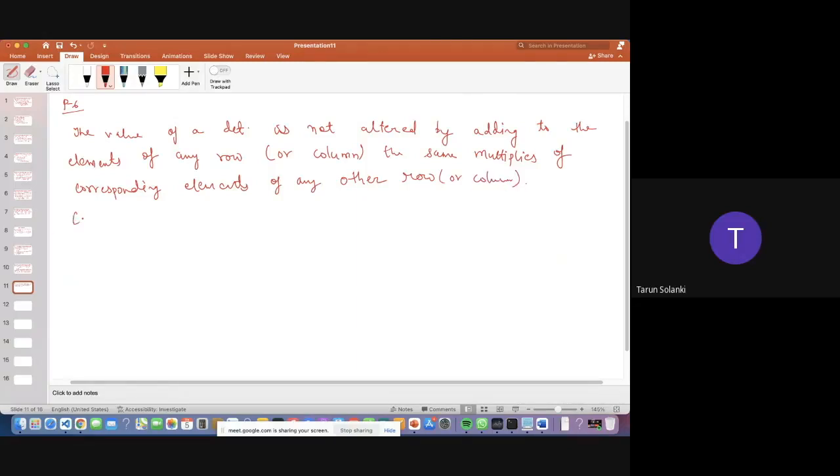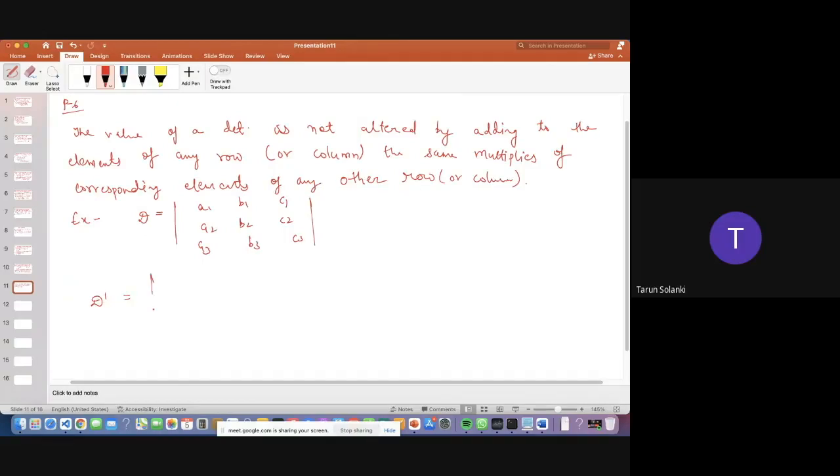Means D equals A1, B1, C1, A2, B2, C2, A3, B3, C3.